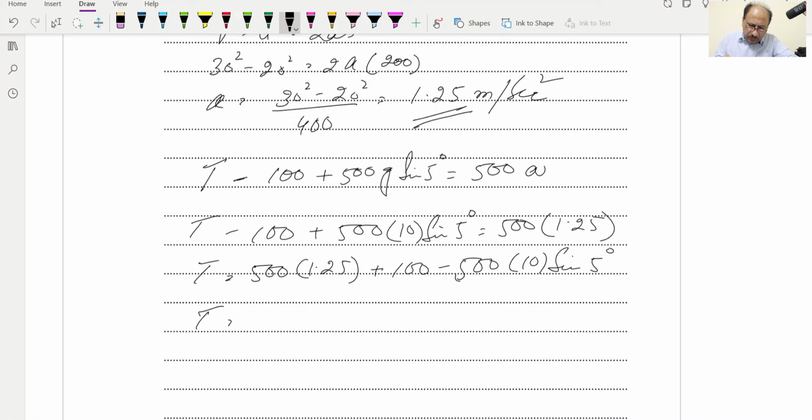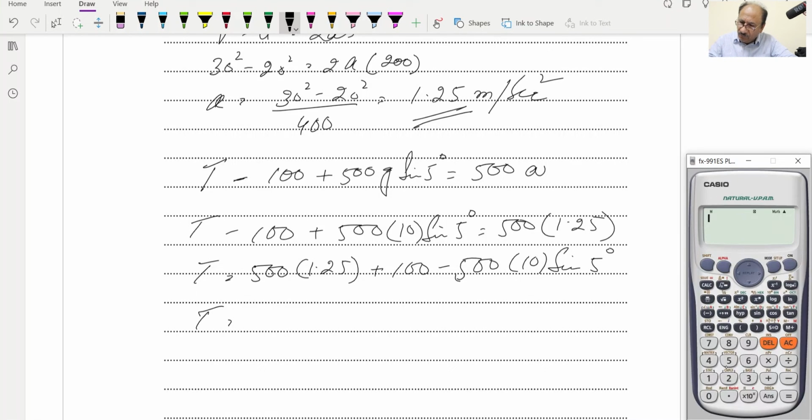And T will be equal to what? This will be 500 into 1.25 plus 100 minus 500 into 10. I'm typing exactly in a similar way so that you can understand.